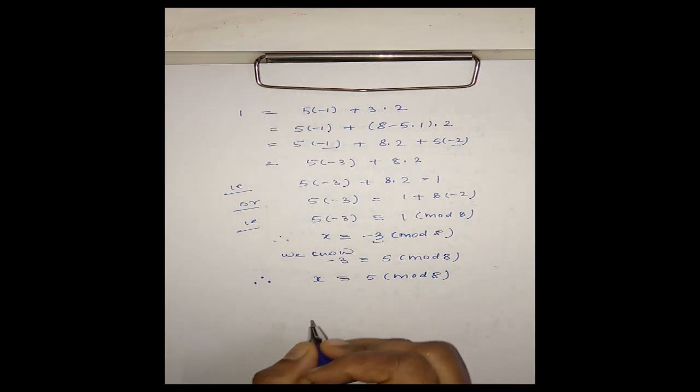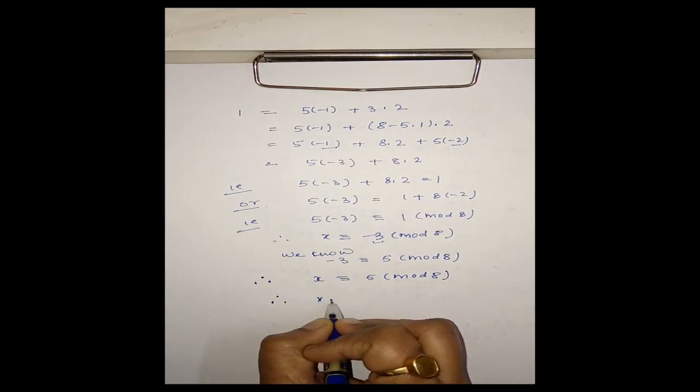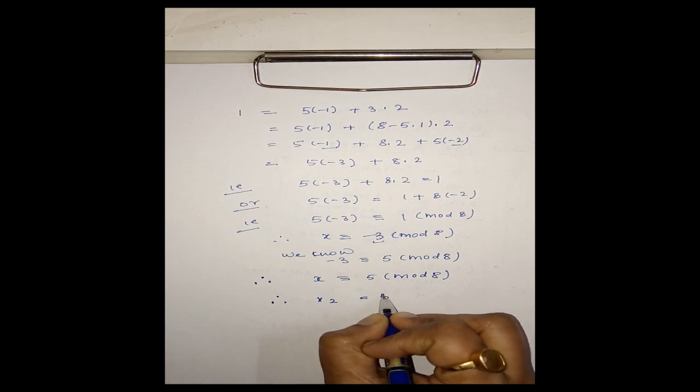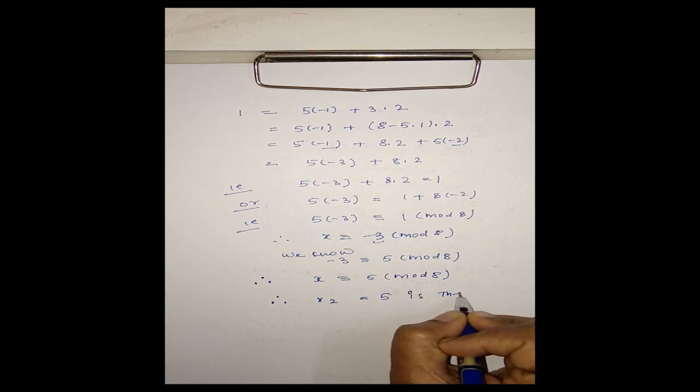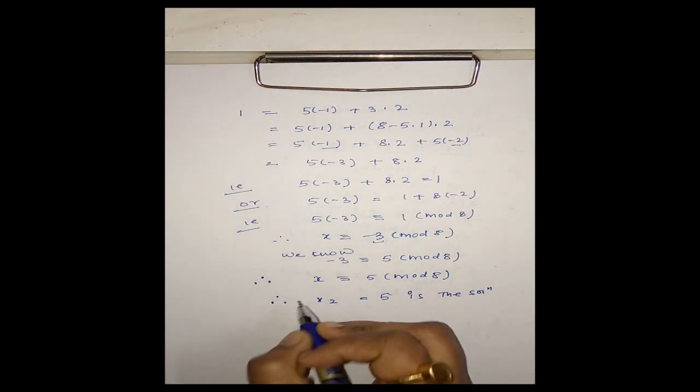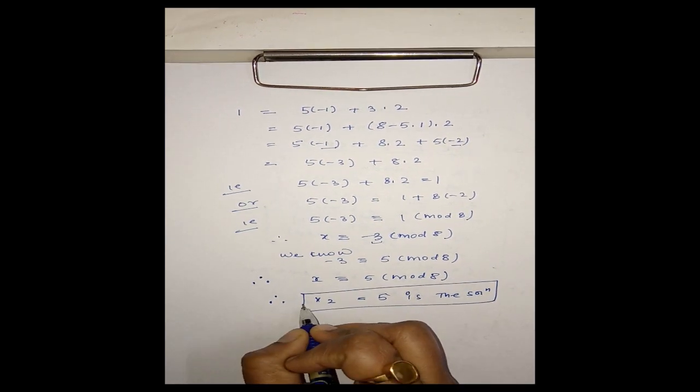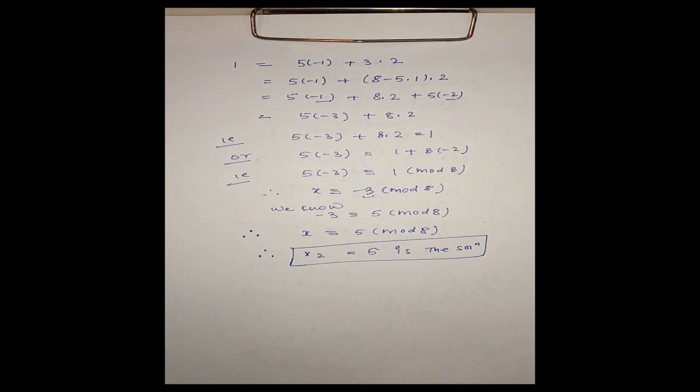Okay, is the solution. Therefore x2 is equal to 5 is the solution. Clear? x2 is equal to 5 is the solution. Now we will use our last step.